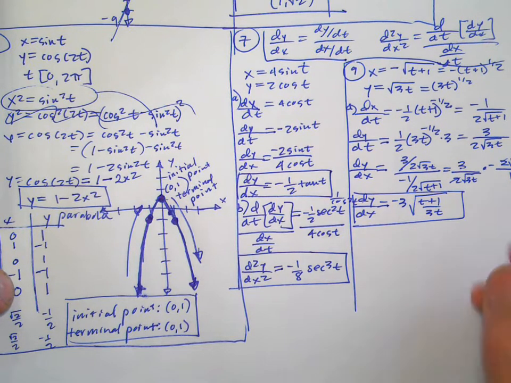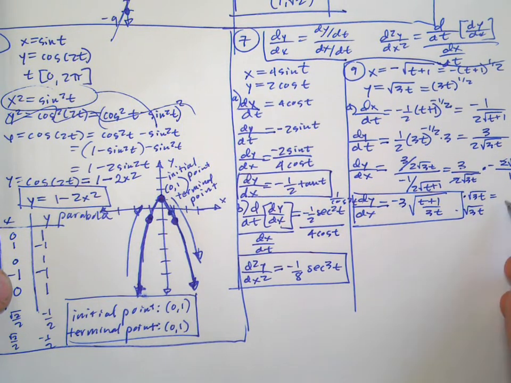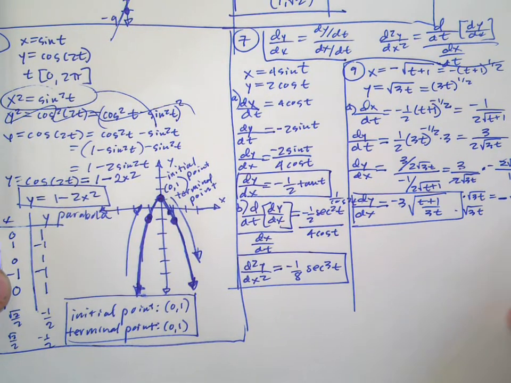I mean, we could rationalize the denominator, and this 3 would cancel with those 3's. You'd have negative 3t squared plus 3t all over t.